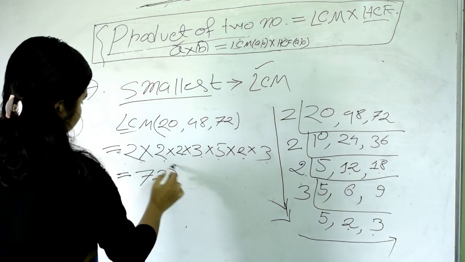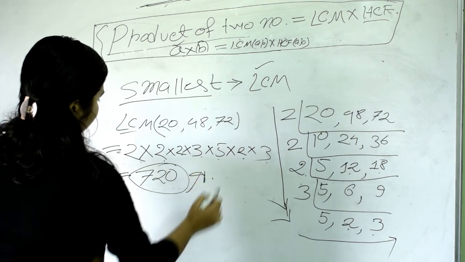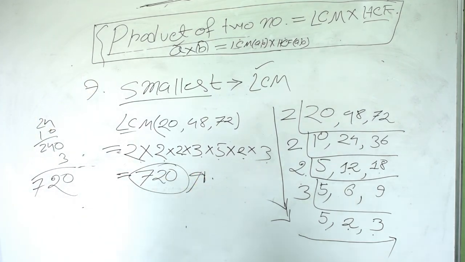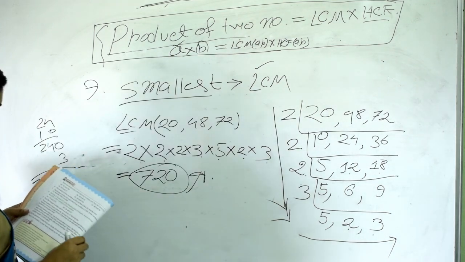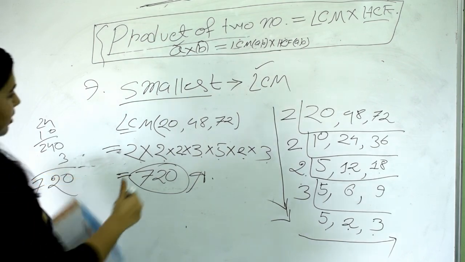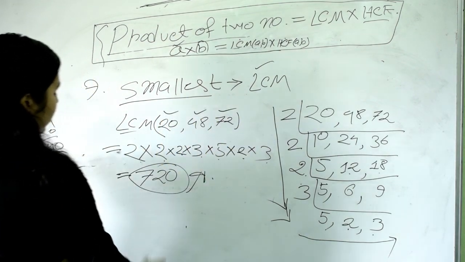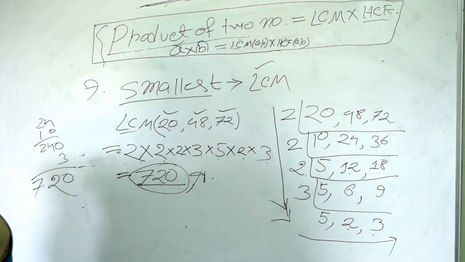So 720 is the answer. That means the smallest number that is divisible by 20, 48 and 72 is 720.